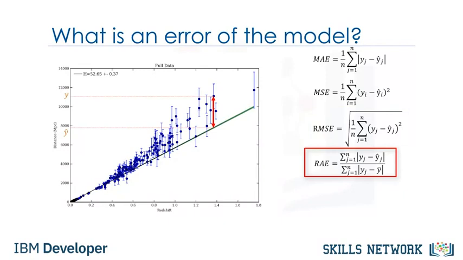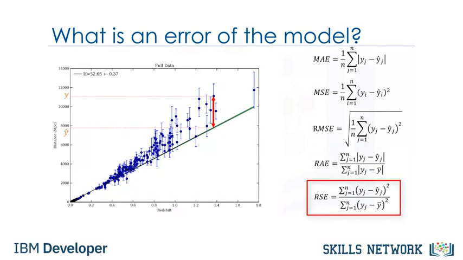Relative absolute error, also known as residual sum of square, where y bar is a mean value of y, takes the total absolute error and normalizes it by dividing by the total absolute error of the simple predictor.